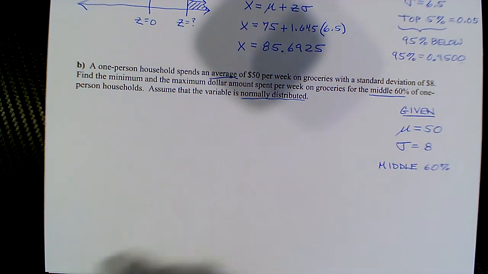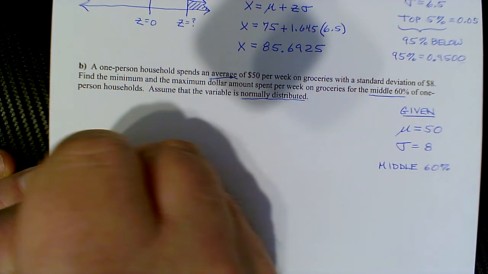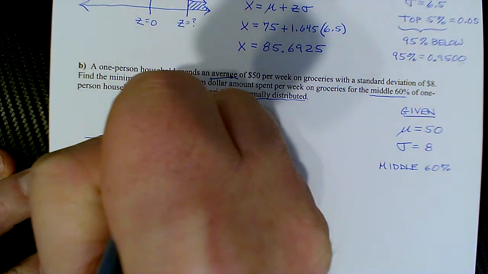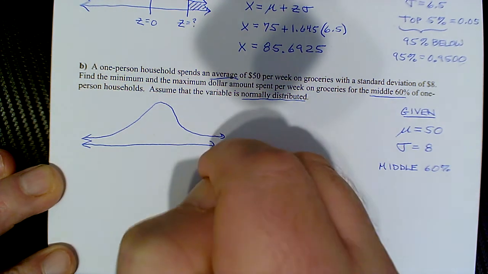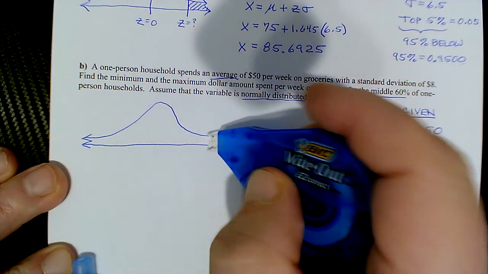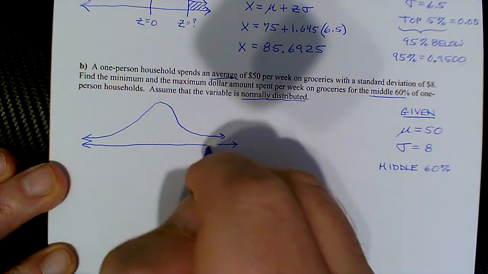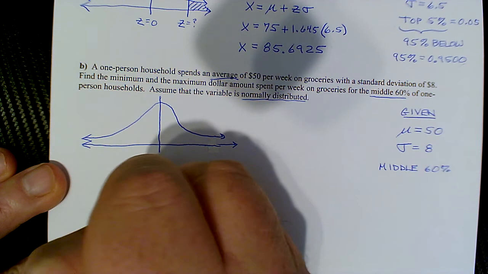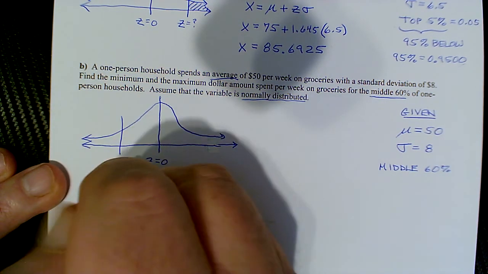Alright, so let's make a sketch of that. And we have z equaling 0 down the middle. Middle 60% means that we're on either side of the mean.